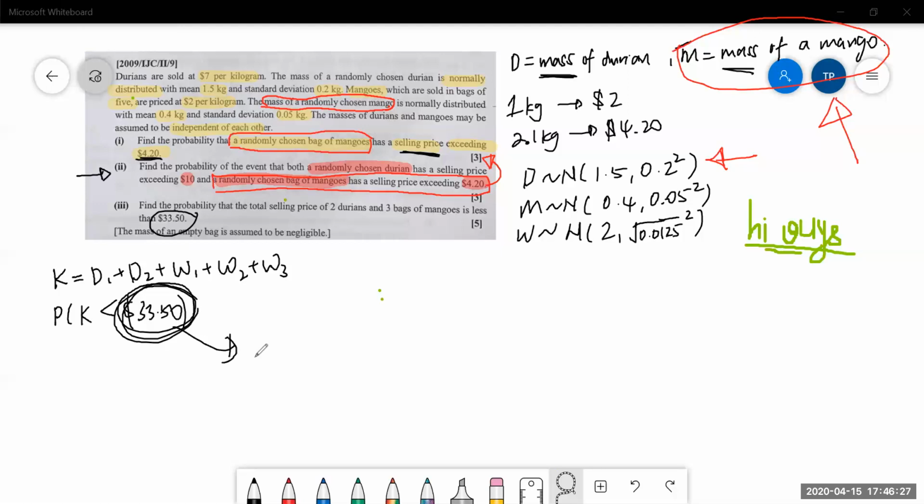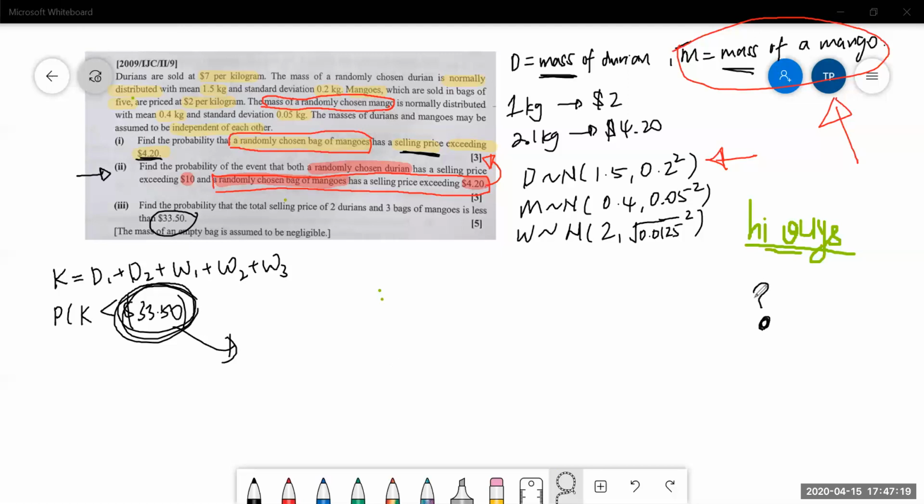The probability that the total selling price of 2 durians and 3 bags of mangoes is less than $33.50? Okay. What's the intention of the setter? What's the intention of the setter?